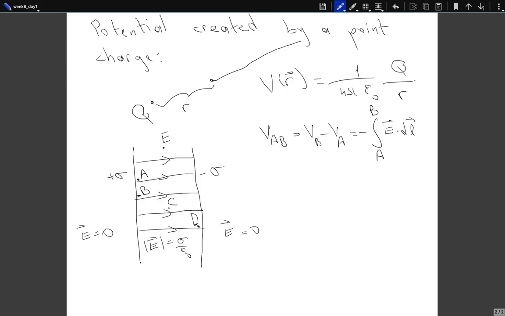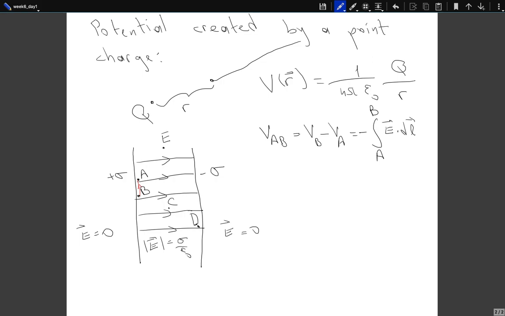So let us just choose this straight path from B to A. Along that path, I just go from B to A. What is the direction of dl? dl is upward. What I do is I just divide this path into very small segments. dl is a vector pointing in the direction I'm moving, and it has a magnitude equal to the length of those segments. So dl is pointing upward.